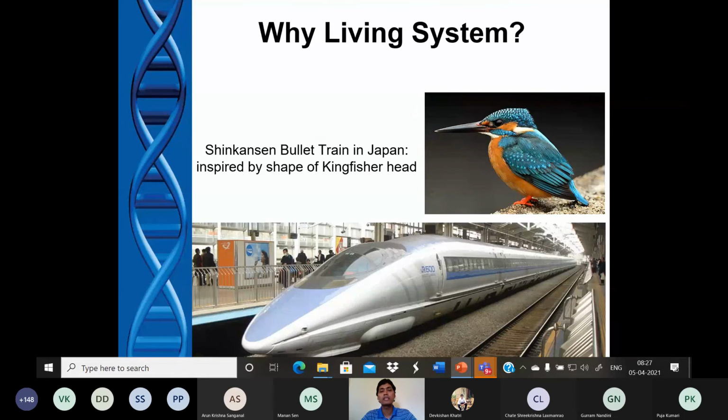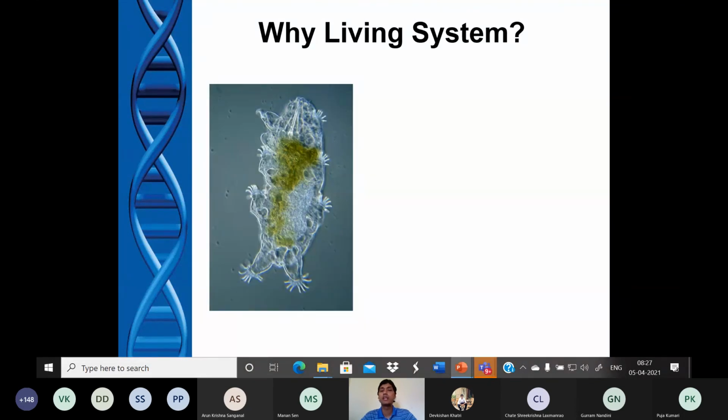But in the next one, you will see you need to understand biology, not just to some extent, but to a great extent. Here is a small organism, a small living thing. I would say it is a distant cousin of arthropods, some kind of cockroach.